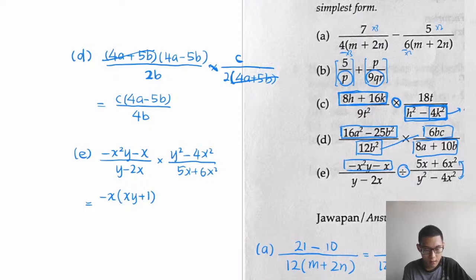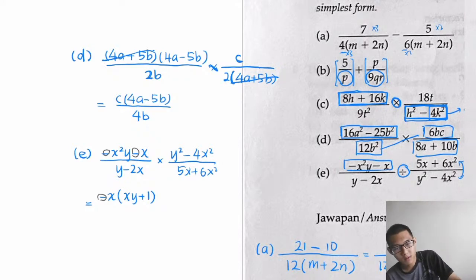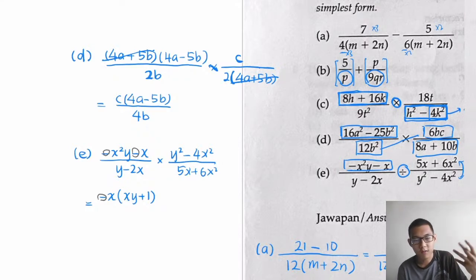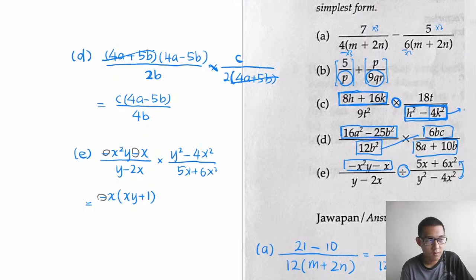Okay, this one, remember, because we have a common multiple here, negative and negative, so we take the negative out here. So that inside we can see that there's a positive sign already, so no need for the negative sign 2 times. We need to have a positive value, so we put out this negative value here. Okay, so we divide with y minus 2x times with this one.